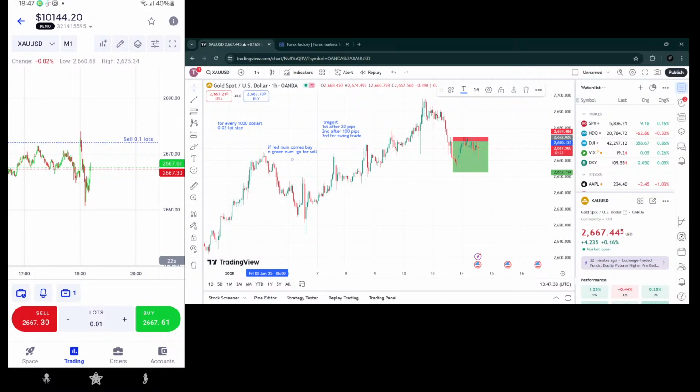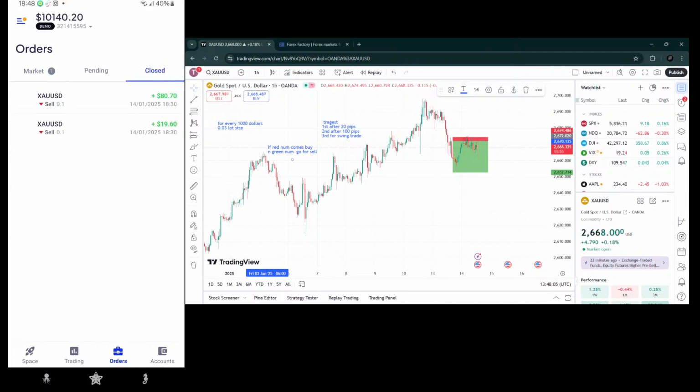If you see M1 on mobile, our entry was there, and there was another entry for buy if you are watching from 5 o'clock, and this was my entry point, and we made profit and we are still in profits.